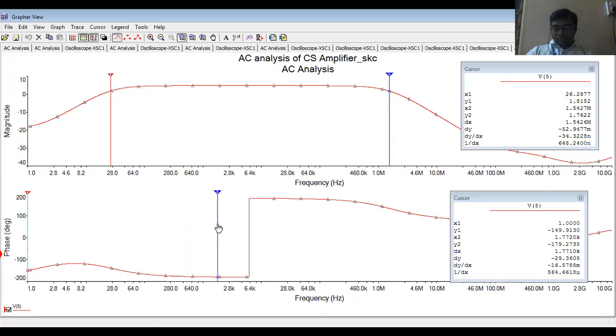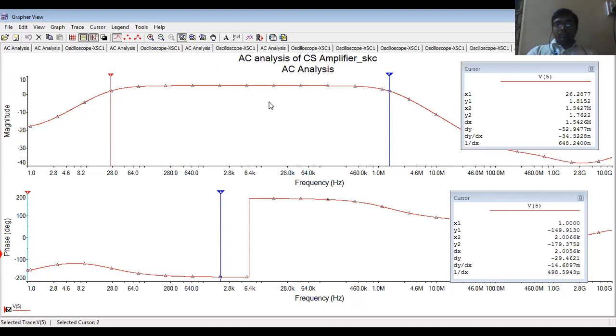When it comes to 2k, the operating frequency we applied, the phase shift is 179.3, not exactly 180 but nearly 180 degrees. So we have observed that the phase shift is nearly 180 degrees and the voltage gain is undistorted.